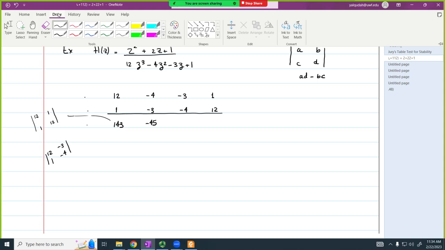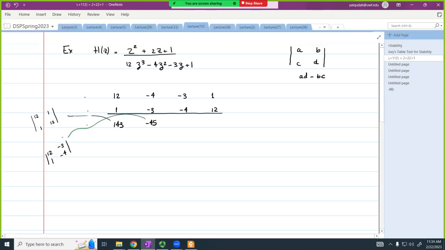No, wait, minus. Negative 48 minus a 3, negative 45. I forgot the double negative. Then we calculate the next entry, which is 12, 1, negative 4, and negative 3. This gives me negative 32. So I have minus 32 here.